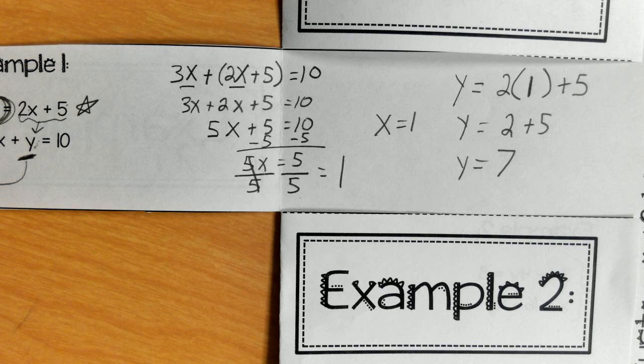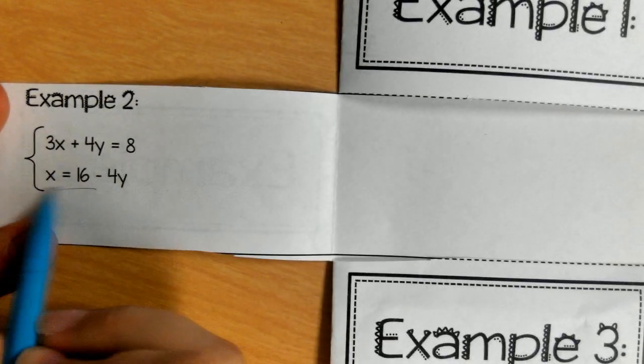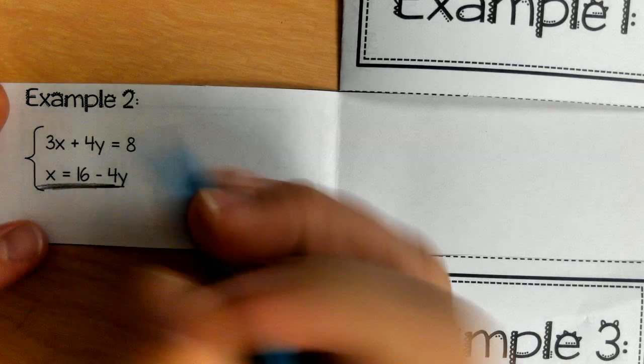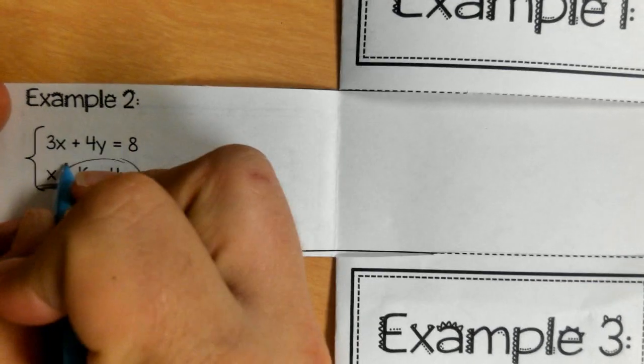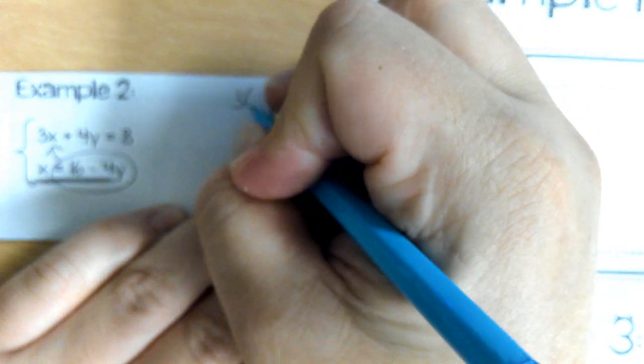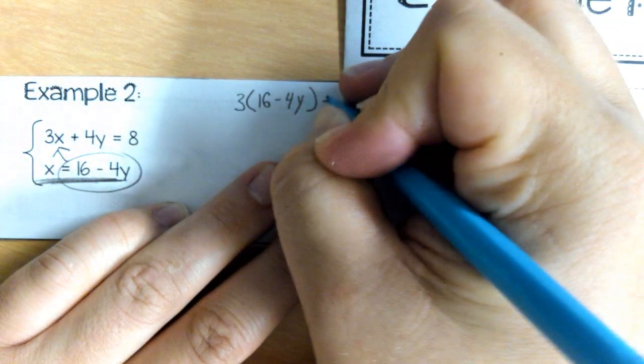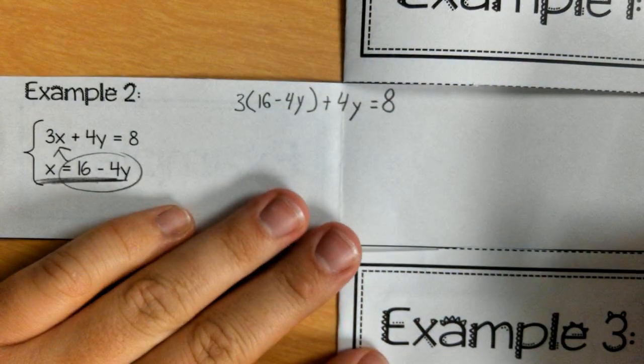All right, example 2. x equals 16 minus 4y. So I'm just going to plug all this in for x. I'm going to say 3 times 16 minus 4y plus 4y equals 8.